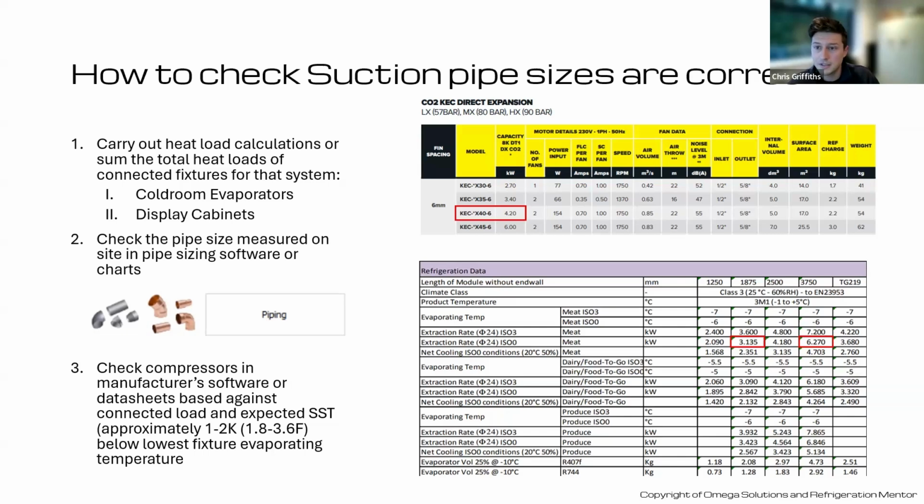There are paid softwares such as White Rose MicroPipe, which is excellent for this, and you could analyze a system in probably 20 minutes if you became proficient with it, but it is a paid subscription. But if you encounter one of these issues and you fix it, it's probably well worth purchase. And once you've got all that, to check if you're having issues with the compressors, put that information into your compressor software and see if it puts them out of our operating ranges.